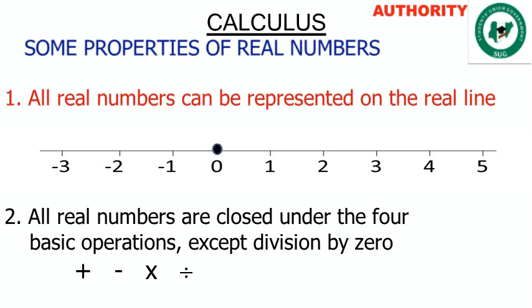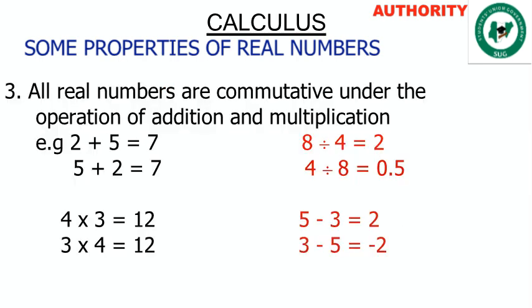So the number two property says all real numbers are closed under the four basic operations except division by 0. So when you pick real numbers and perform the four basic operations, your result is also real, and your result can be found on the number line, except division by 0. Good. Let's go.